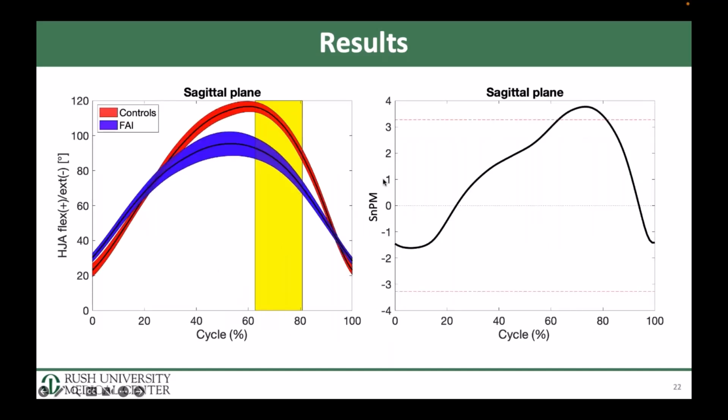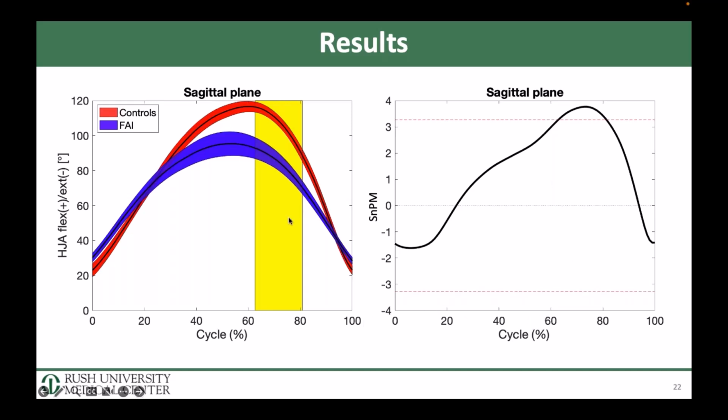This is another example. Again, I just want to show in general the pattern, not really focus on the clinical results. But you can see here that in the graph on the right-hand side, the black line overcomes this red threshold, roughly from 60 to 80% of the cycle. In this case, this is a single leg squat cycle.